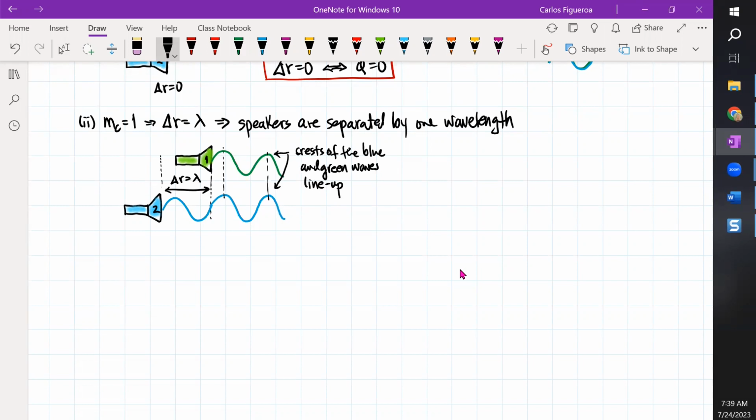So following the same process as before, what does the path difference equation say? This phase is going to be 2 pi over lambda times delta R, and we now know that this has to be a path difference of lambda, which then gives me 2 pi. In other words, if I say 1 wavelength, that's equivalent to saying that the phase is also 2 pi.